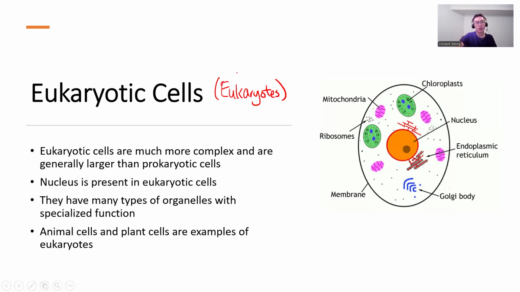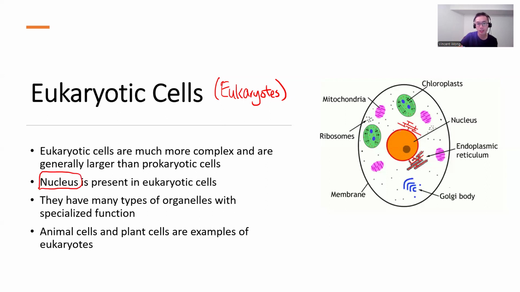Now, these cells are typically more complex and they are bigger than the other type of cells, which are the prokaryotic cells. And the main feature that separates eukaryotic cells and prokaryotic cells is the presence of a nucleus.